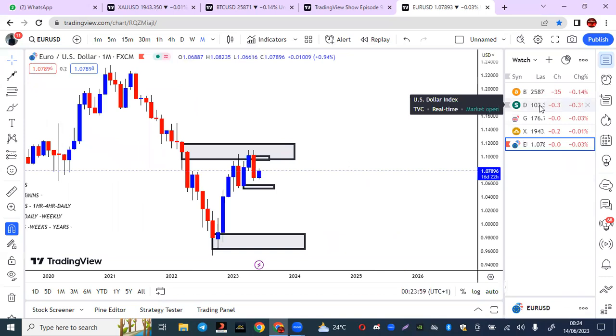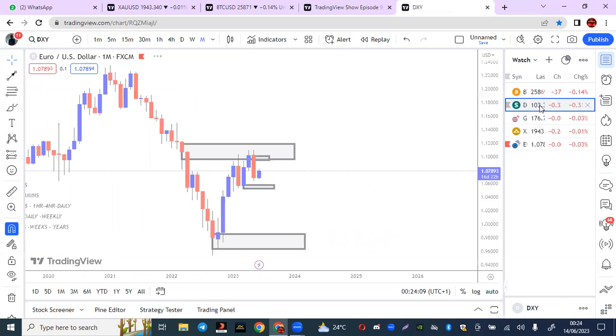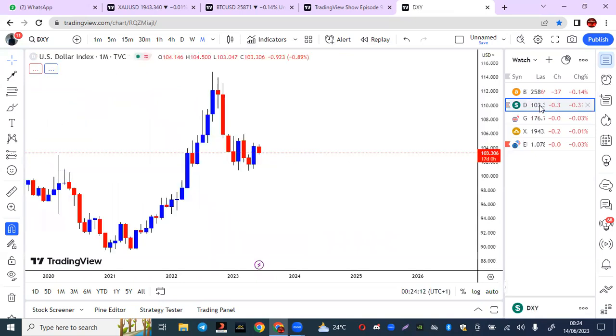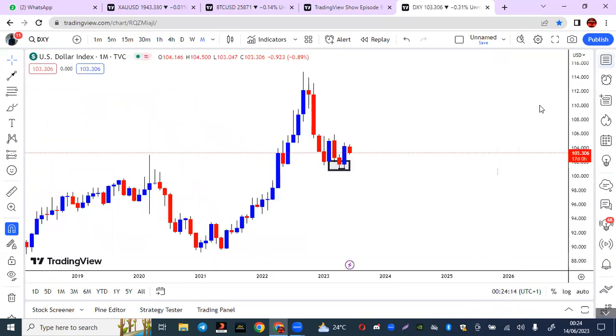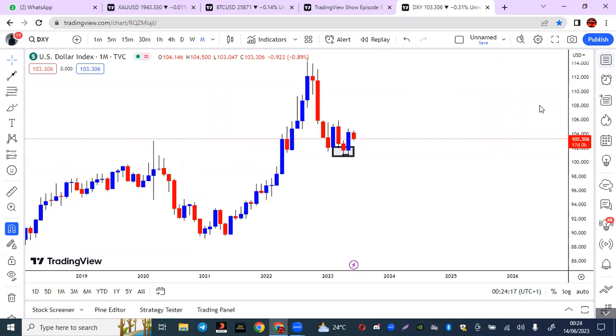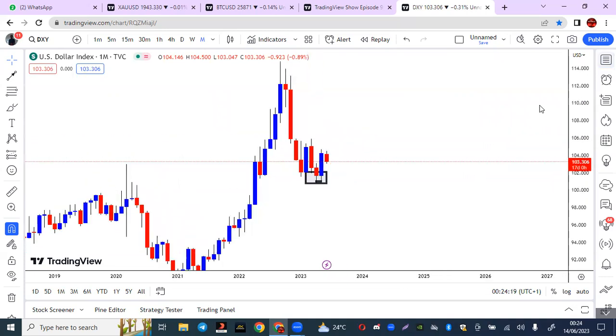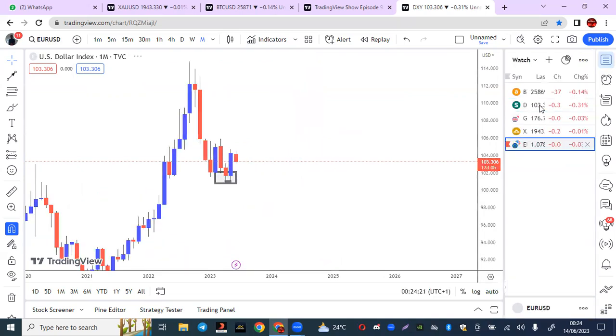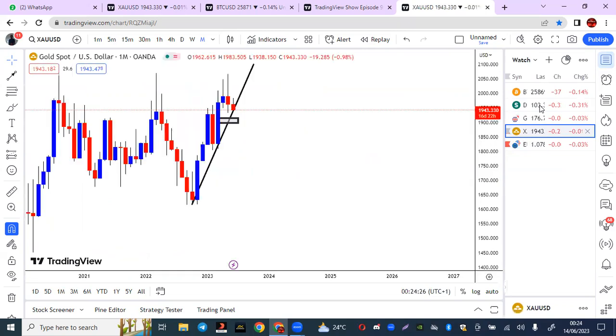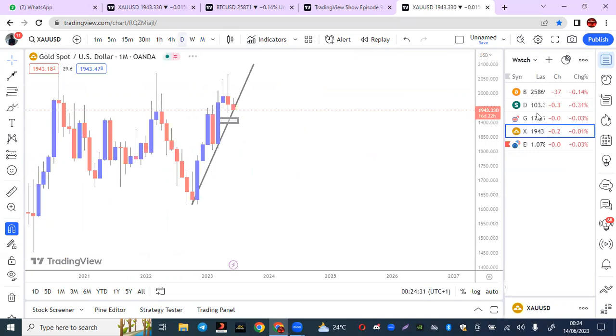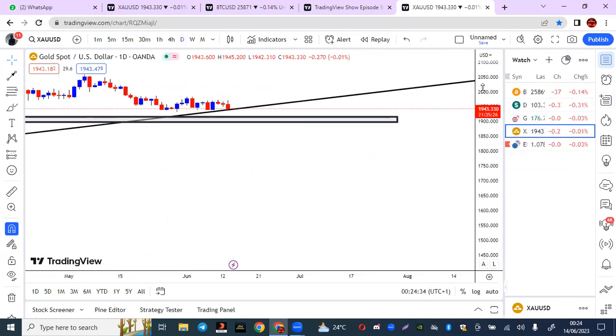DXY is the dollar index, because the pair that I trade has USD, which is gold. So I have to look at the market direction of the dollar index. The dollar index determines how the USD moves. So I have to check the DXY mostly to take a decision on gold, when I want to trade gold. For now, all you just have to know is, okay, we've not really gone there. So I'm just giving an explanation.